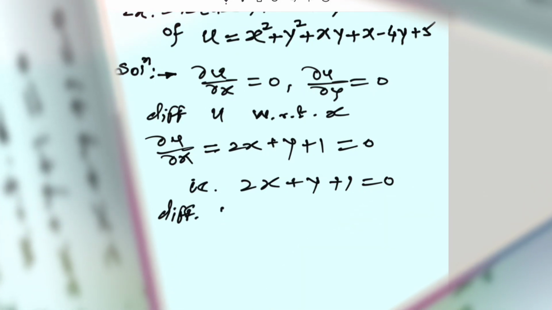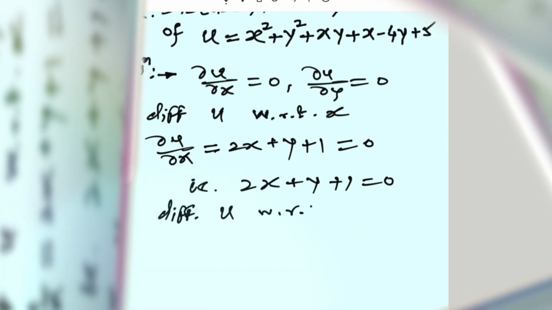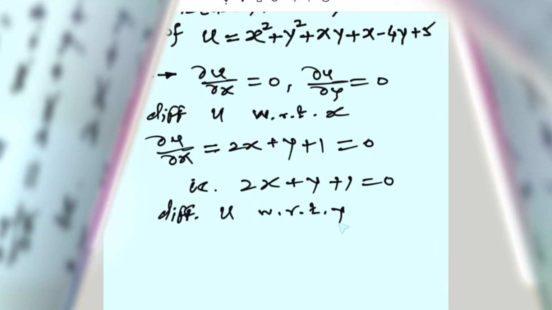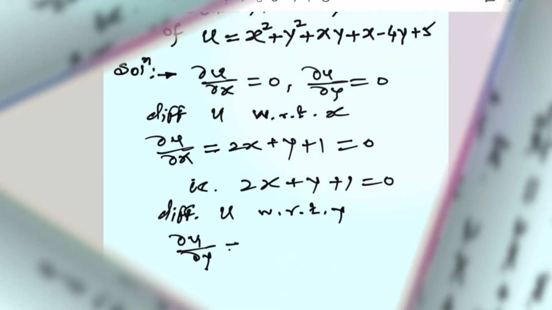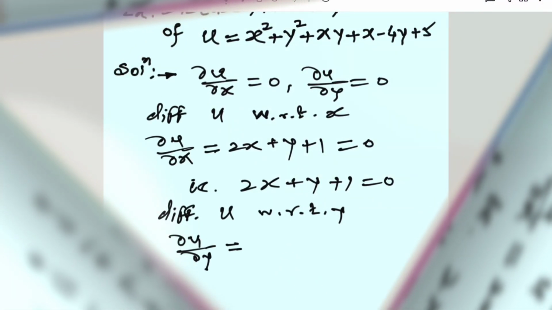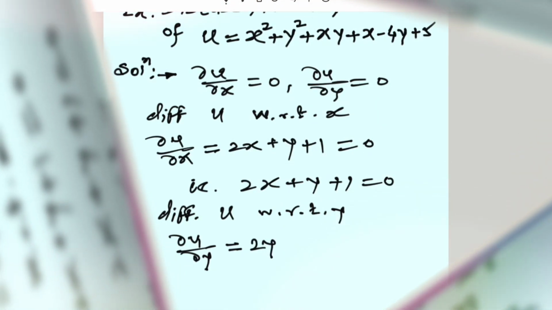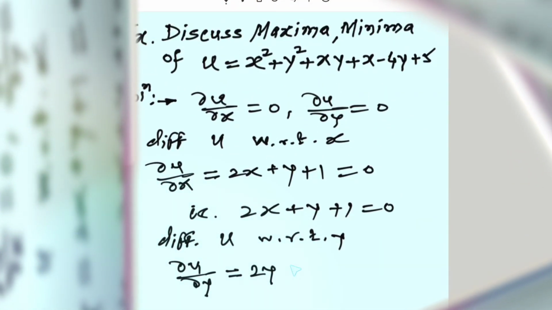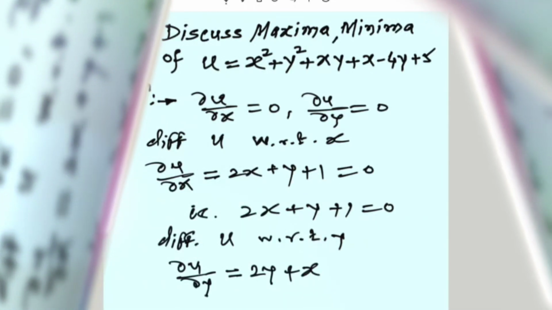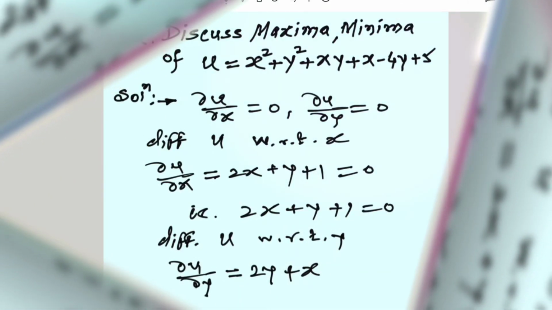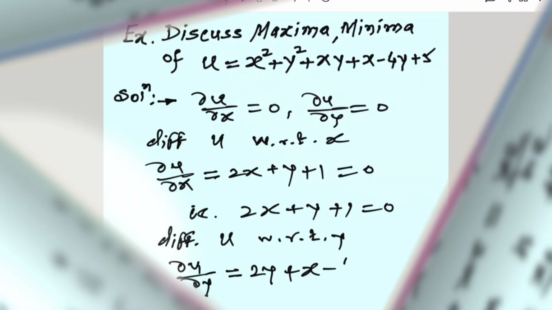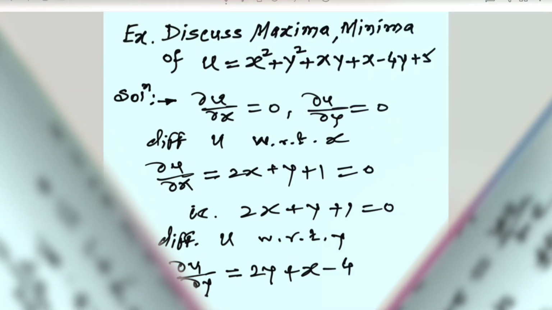Then differentiating u with respect to y, keeping x constant, the partial derivative of u with respect to y: differentiation of x² is 0, derivative of y² is 2y, differentiation of xy with respect to y is x, derivative of x is 0 and derivative of −4y is −4, and derivative of the constant term is 0.